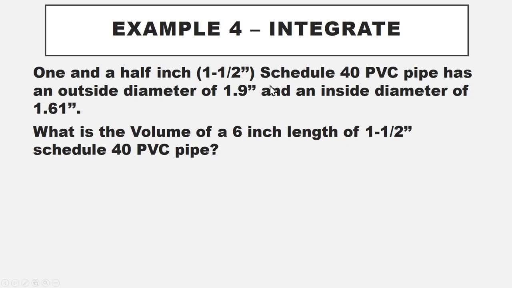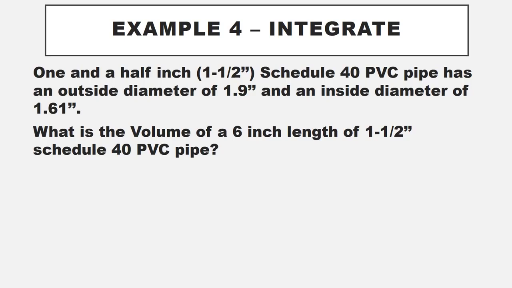All right, so let's do another example. 1.5 inch Schedule 40 PVC pipe has an outside diameter of about 1.9 inches and an inside diameter of about 1.61 inches.